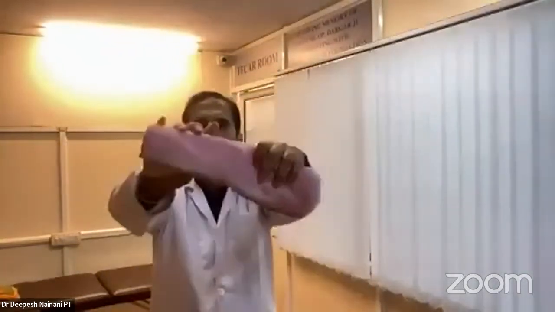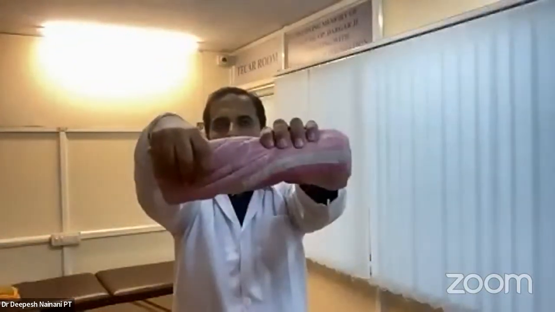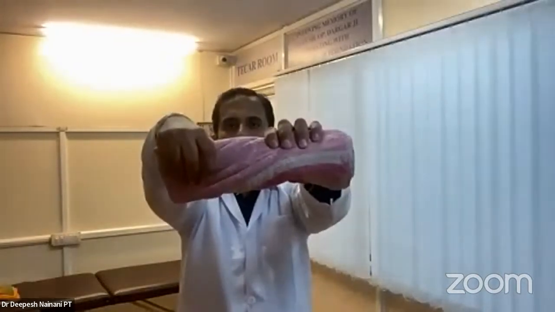So that is why we have to understand things. Movement is only on a single side. 1, 2, 3, 4, 5, 6, 7, 8, 9, 10. That was the second towel exercise of the elbow joint.